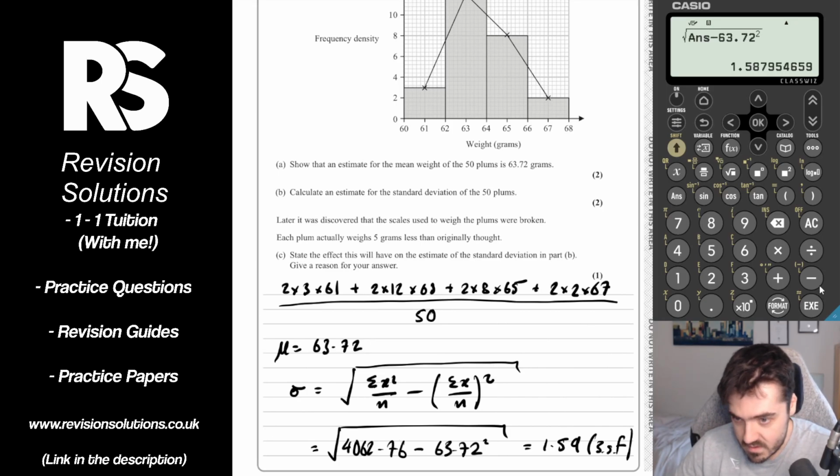Then the last part says, later it was discovered that the scales used to weigh the plums were broken. Each plum actually weighs 5 grams less than originally thought. So all the data we've collected, to get the true values, we just shift them all by 5. State the effect this will have on the estimate of the standard deviation.